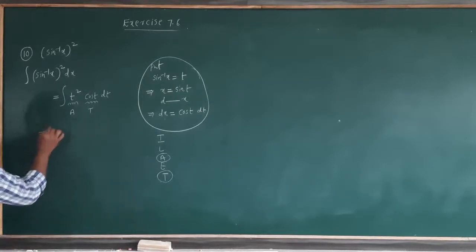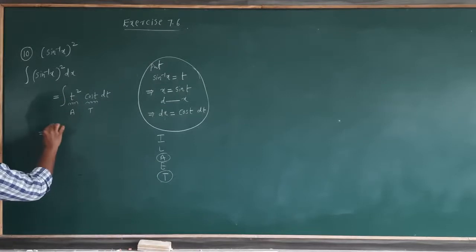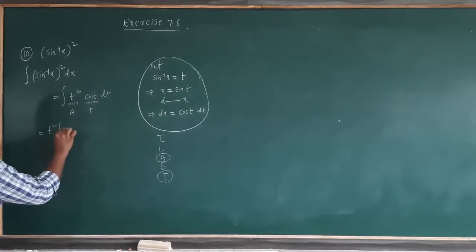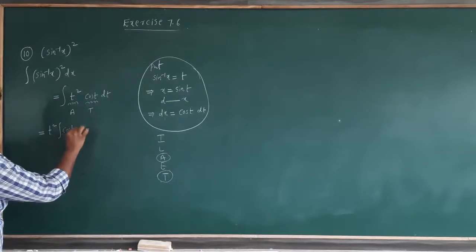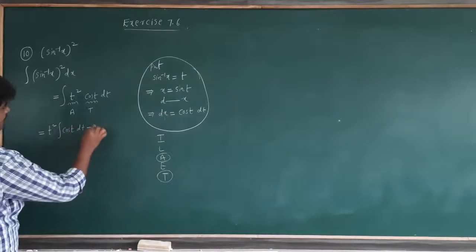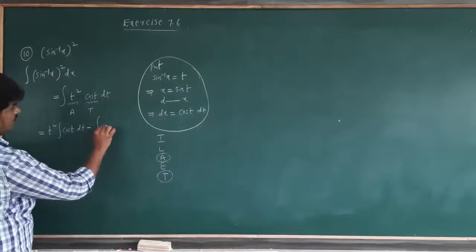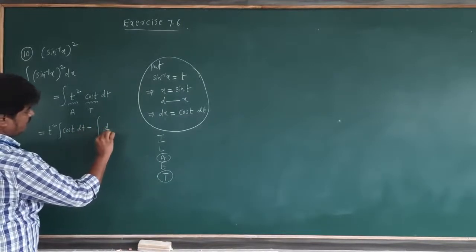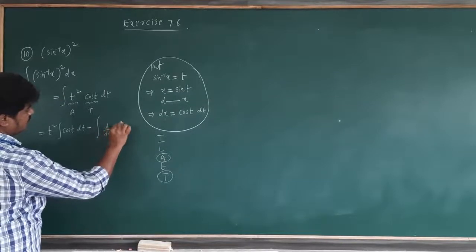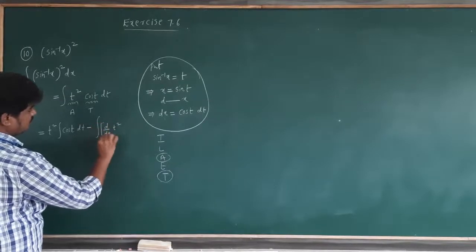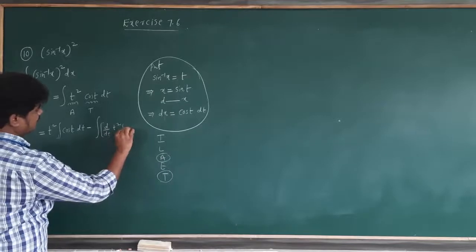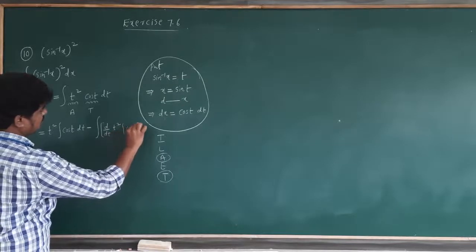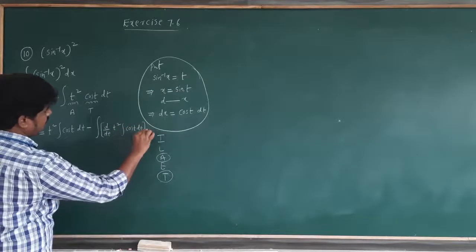This is equal to first function into integral of second function dt, minus integral of the derivative of first function into integral of second function, cos t dt, whole dt.